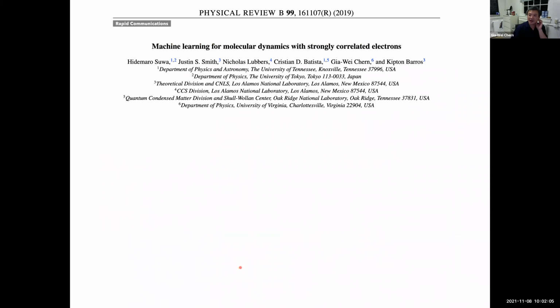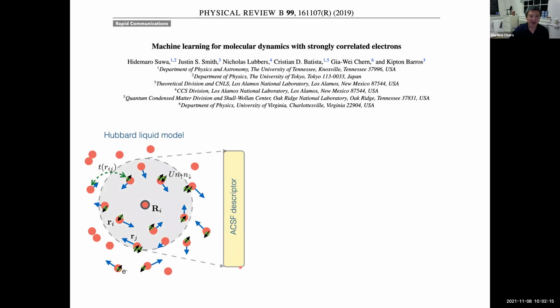Okay, so finally, we also developed a machine learning potential for our Gutzwiller molecular simulations. Like I mentioned, we want to simulate this Hubbard liquid model with the Gutzwiller methods.